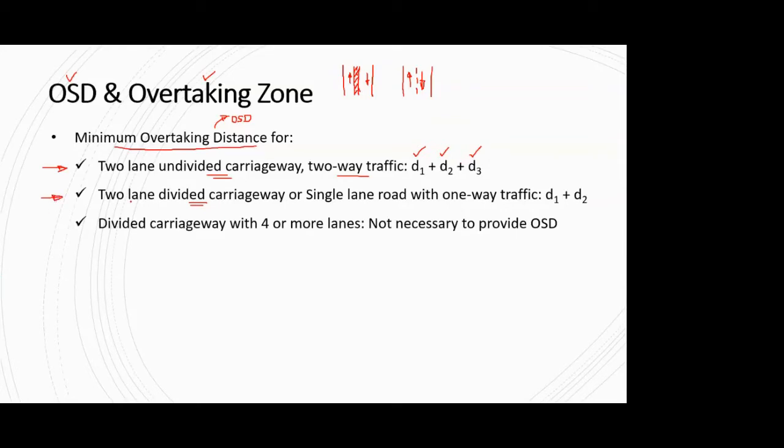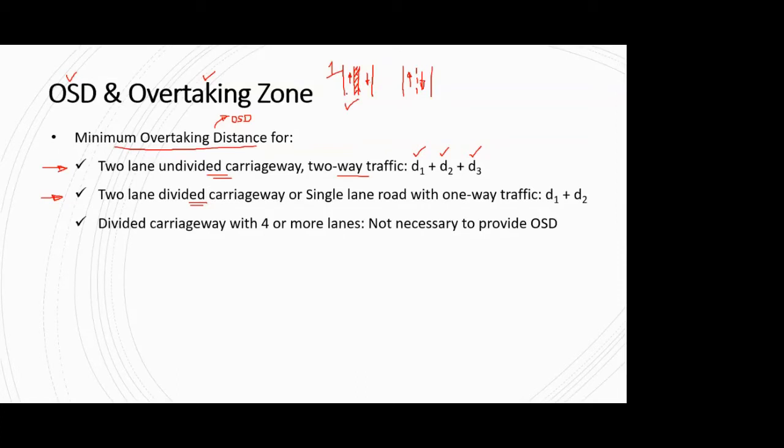Now, if you see the second case, you have a two-lane road again, but this time it's a divided carriageway. If you see, there is a barricade in between. If you just apply logic and think for a while, what are the components of your OSD? It's D1, D2, D3, and the D3 component is for when you have oncoming traffic. In the first case you have oncoming traffic, but in this case there is a barricade in between because it's a divided carriageway.